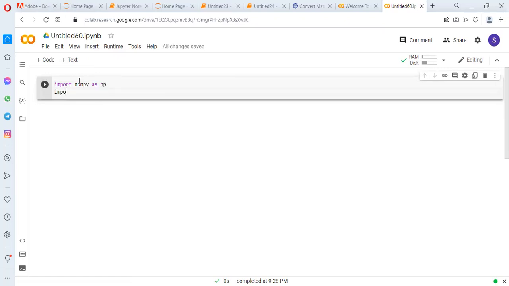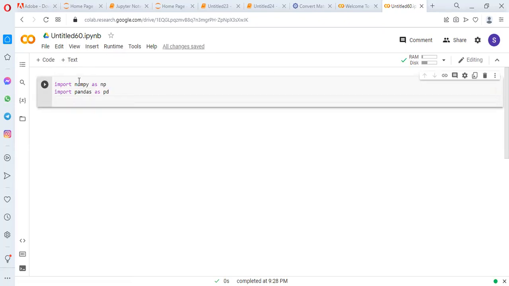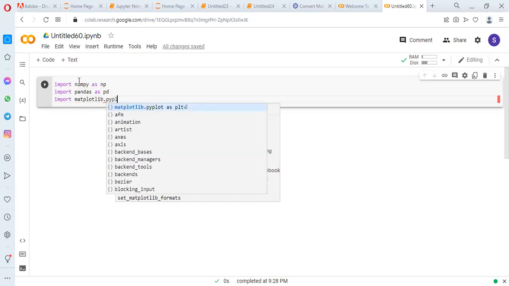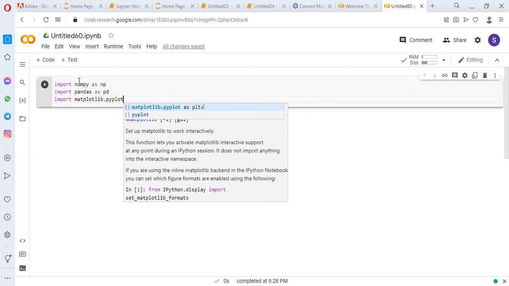Again, import pandas as pd. Import matplotlib.pyplot as plt.